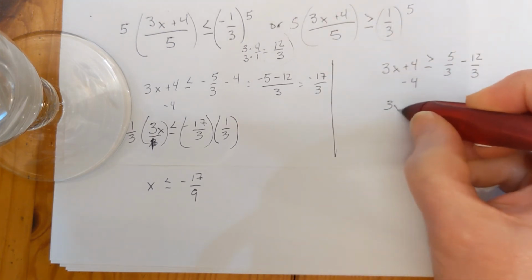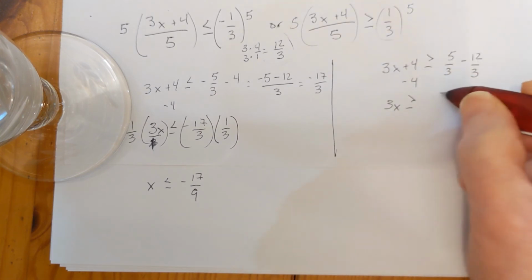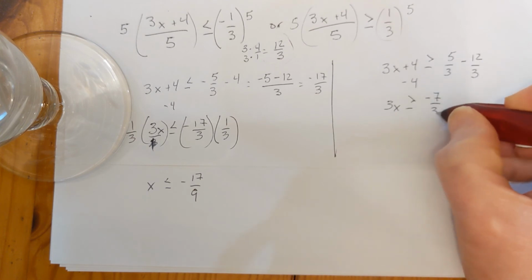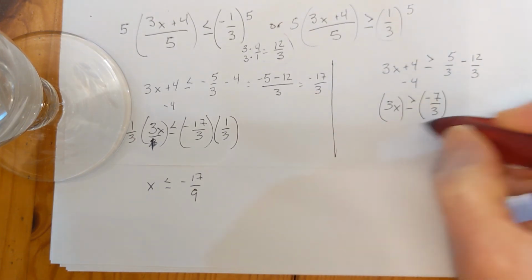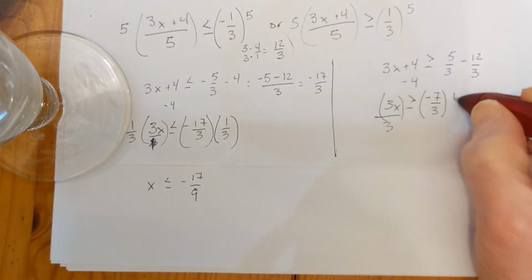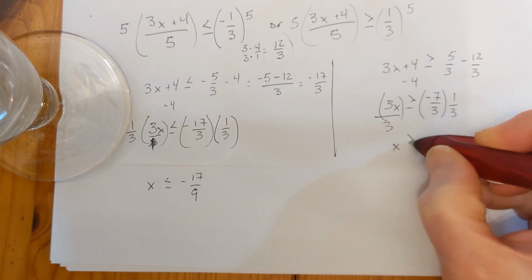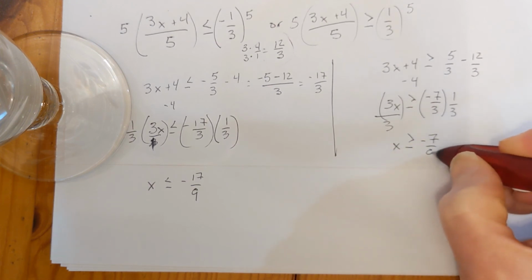I'm going to get 3x is greater than or equal to negative 7/3. I need x by itself, so I'm going to divide by 3, which is multiplying by 1/3. x is greater than or equal to negative 7/9.